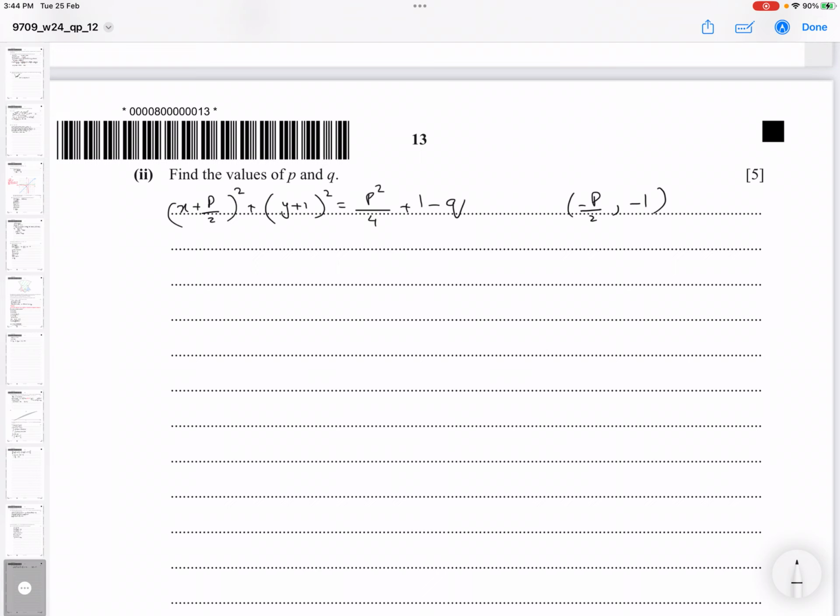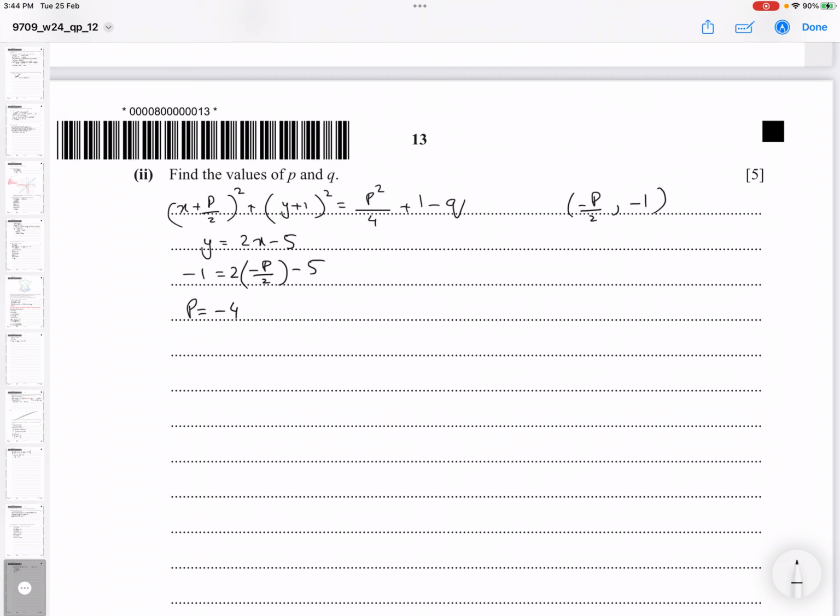These coordinates lie on the normal whose equation we just found in B1, y is equal to 2x minus 5. You write minus 1 for y, and for x you write minus p by 2, minus 5. So simplify this, you get p is equal to negative 4.